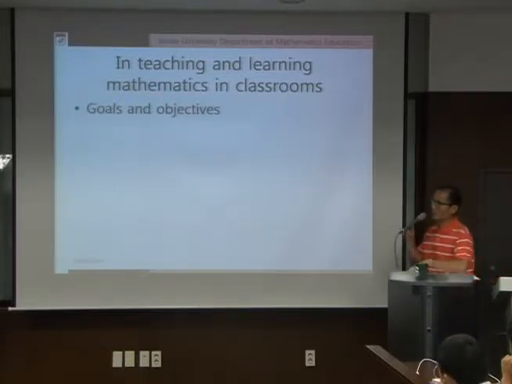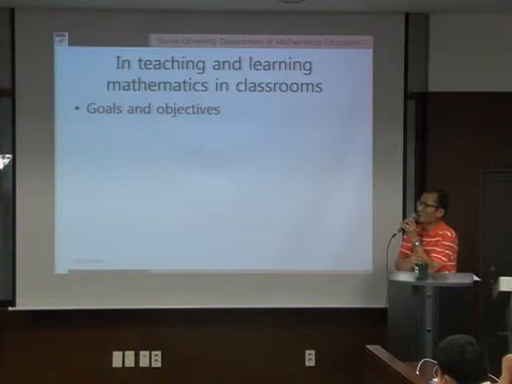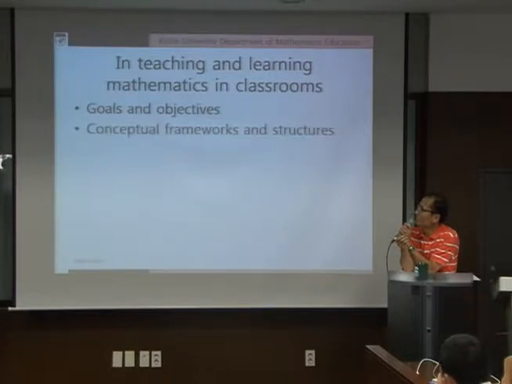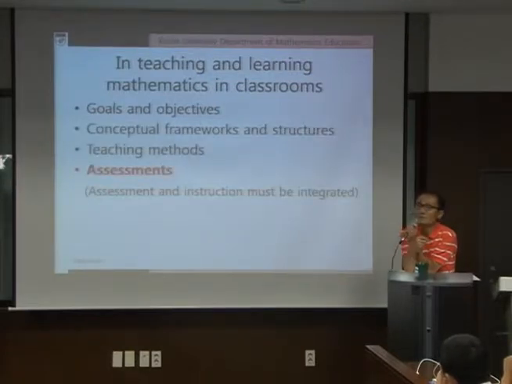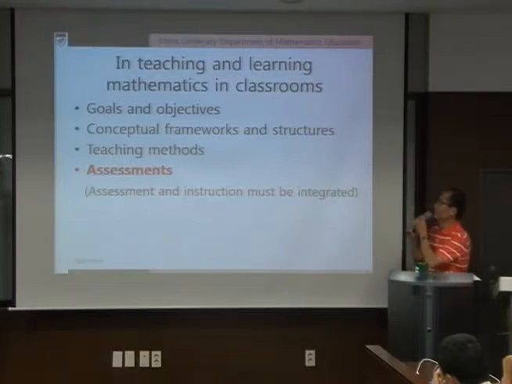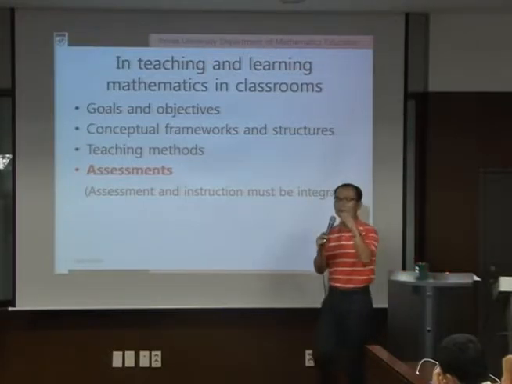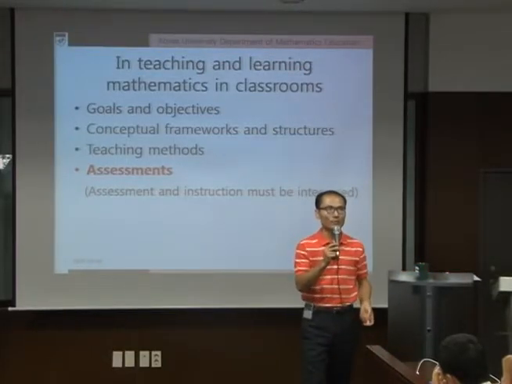From my perspective, in order to understand teaching and learning in mathematics, you should understand at least 4 of them. This is a minimum requirement. First of all, you need to think about what your goal and objective are in your teaching and student learning. Second, what kind of conceptual framework and structure you are going to use.